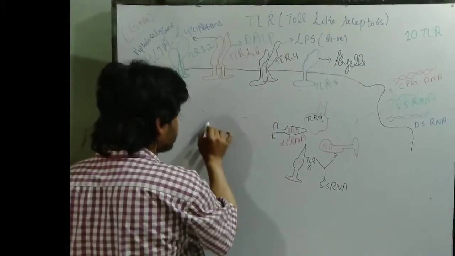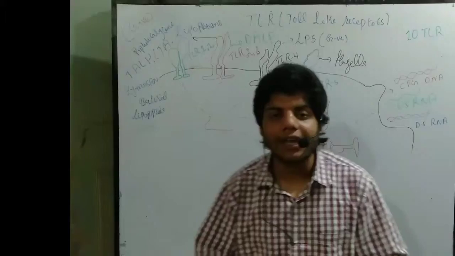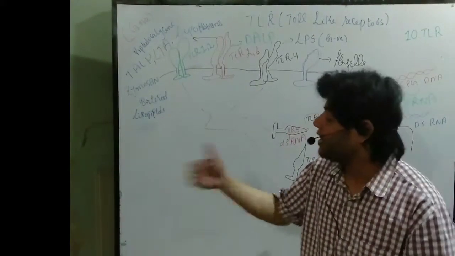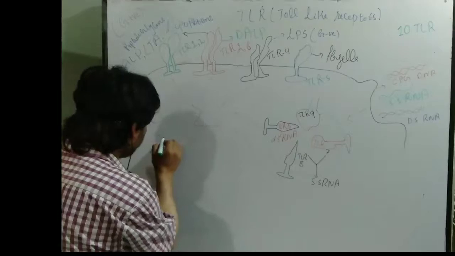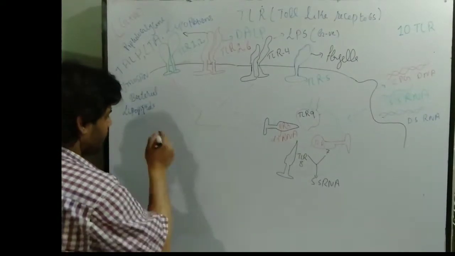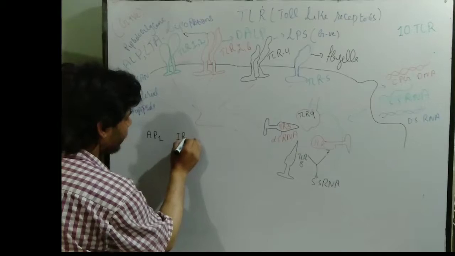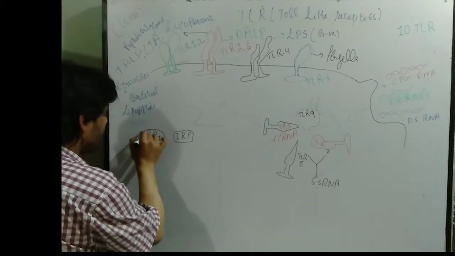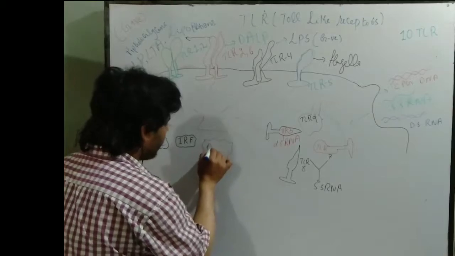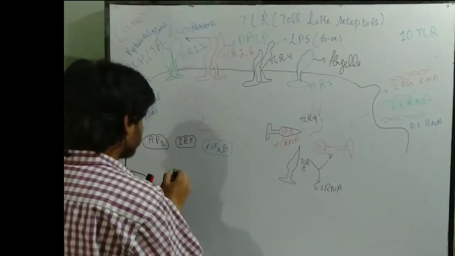All these receptors will activate a cascade. Each receptor first gives a downstream signal, each signal initiates a cascade event, and each cascade event will further activate different transcriptional factors. Okay, we have AP1, we have interferon regulatory factors, and we have another transcriptional factor, NF-kB. All these are the transcriptional factors.